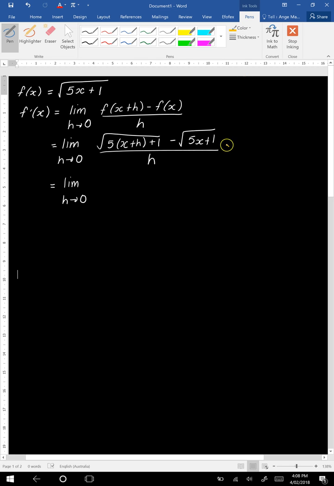So we're going to times that by the square root, I have to write small now so I don't run out of room, of 5x plus h plus 1, all square rooted there. Instead of minus root 5x plus 1, I'm going to times it by plus root 5x plus 1. And of course, what I do to the top, I have to do to the bottom.